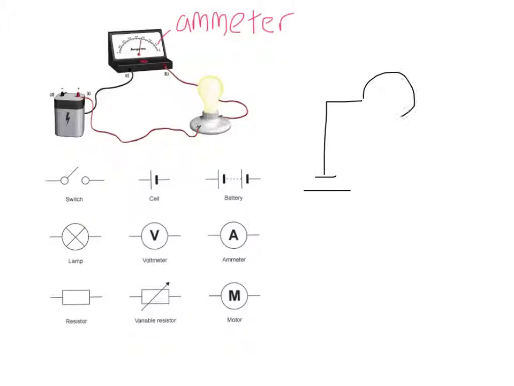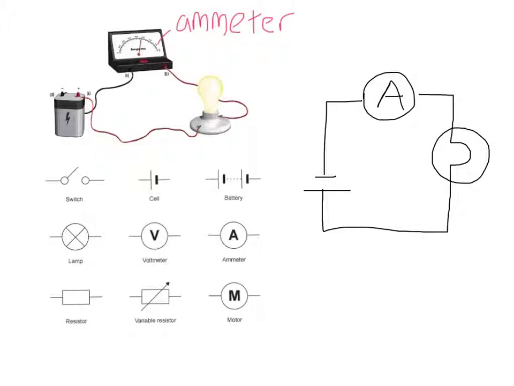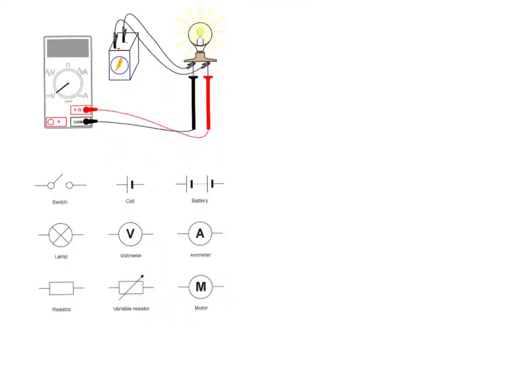So an amp meter is a circle with an A in it, and then connects up to a light globe, and it all connects up back to the battery cell, and draw a circle around the bump for the light globe. And that's it. Okay, very simple.